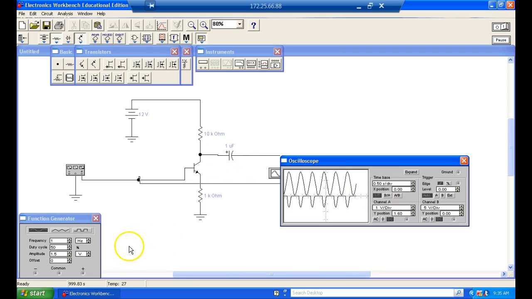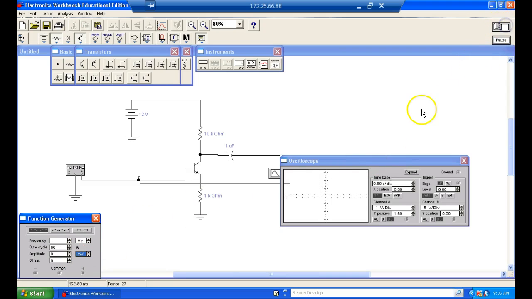Now this is the problem with this. So I'm going to come over here and take this 1.5 volts and turn this into millivolts. Okay. And we'll turn the simulation on, and let me turn my input down really low.